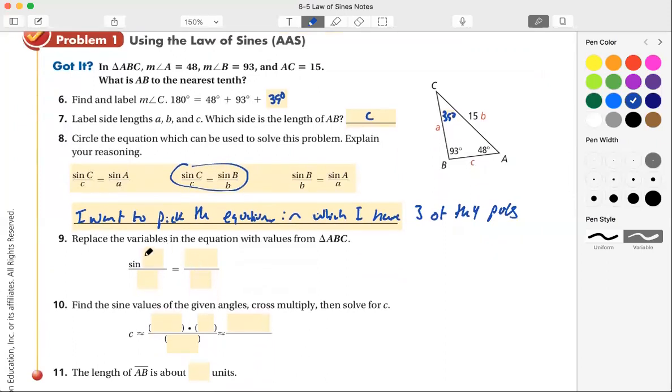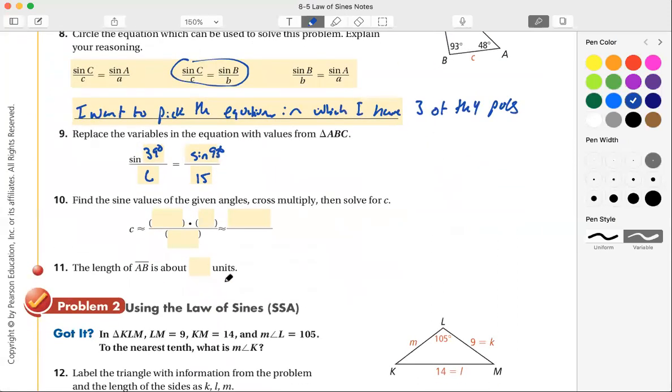I know that the sine of 39 degrees over c equals the sine of 93 degrees over 15. What I'm going to do is multiply. So the sine of 39 degrees is 0.6293 times 15 over the sine of 93 degrees, which is 0.9986. Dividing, you get 9.453. So the length is approximately 9.5 units long.